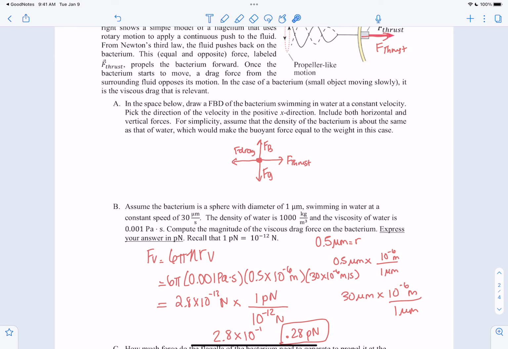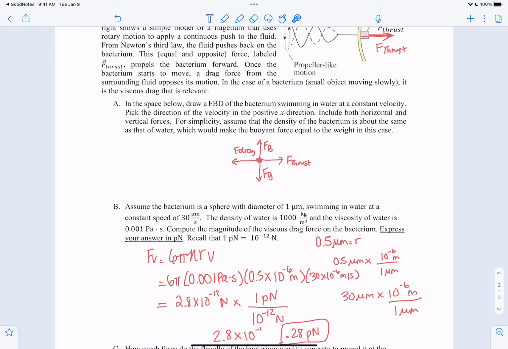Now they've told us that yes, that bacteria is now moving at a constant velocity. Constant velocity means that your acceleration is 0, so your net force is 0. If net force is 0, then F drag is equal to F thrust.